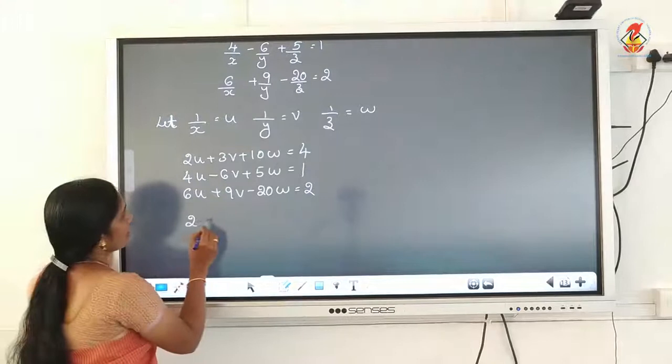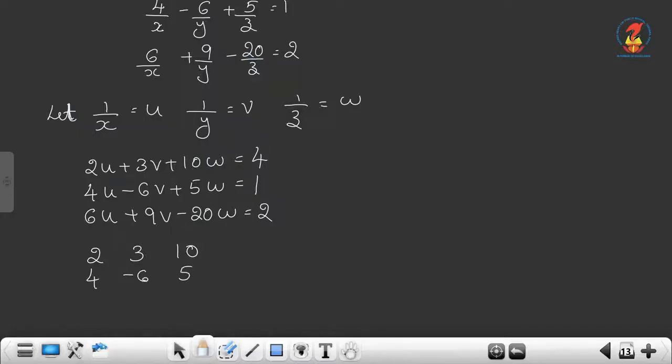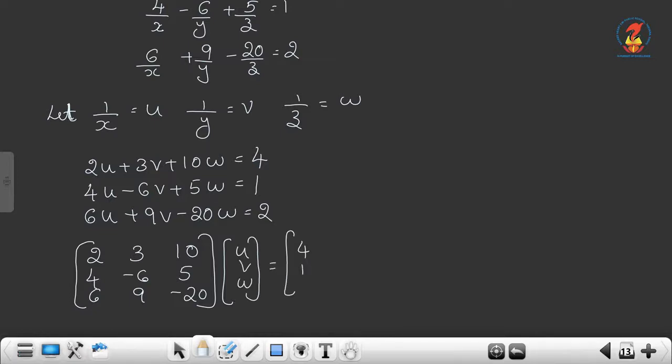So first we write the matrix, coefficients only, [2, 3, 10; 4, -6, 5; 6, 9, -20] into [u, v, w] is equal to [4, 1, 2]. That is AX = B. From that we can write X = A inverse into B.